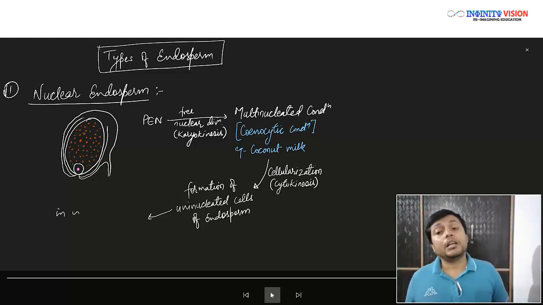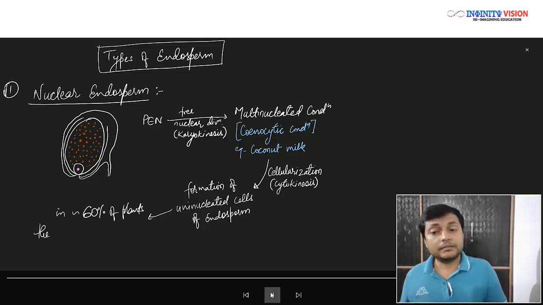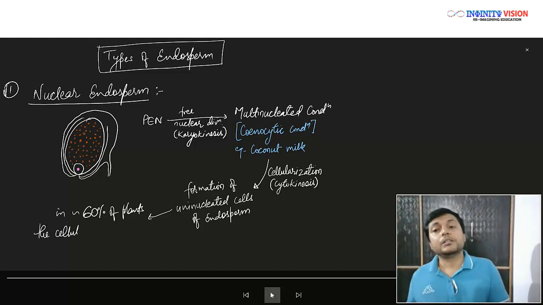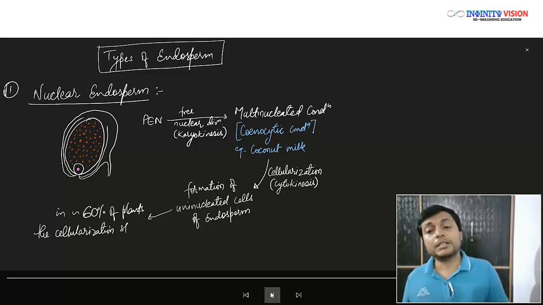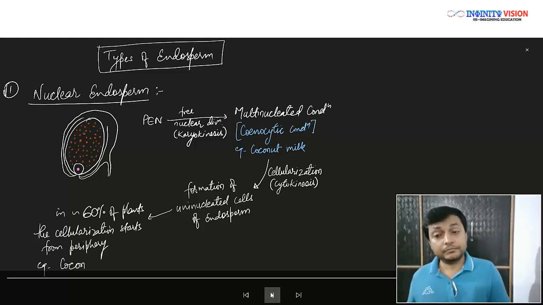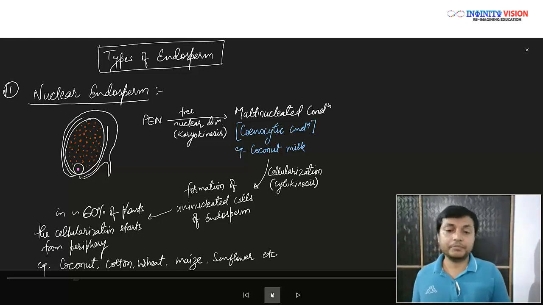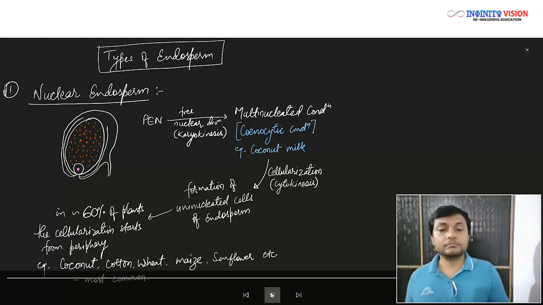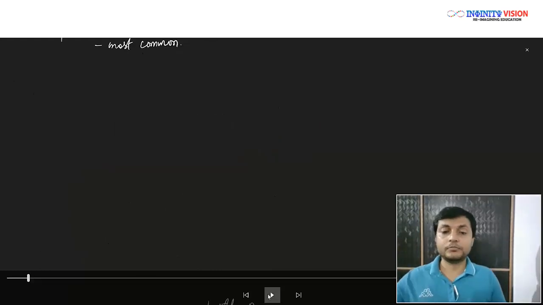In about 60% of the plants, that is the majority of plants, the cellularization of the nuclear endosperm starts from the periphery, not from the center. Examples are coconut, cotton, wheat, maize, sunflower, etc. So this is nuclear endosperm.